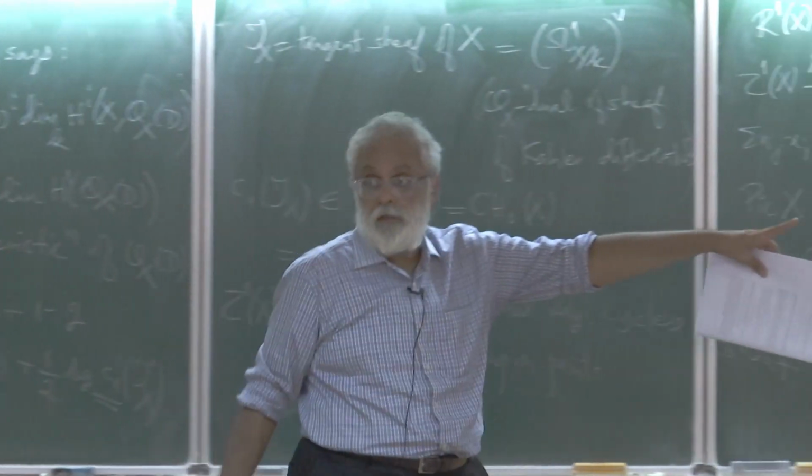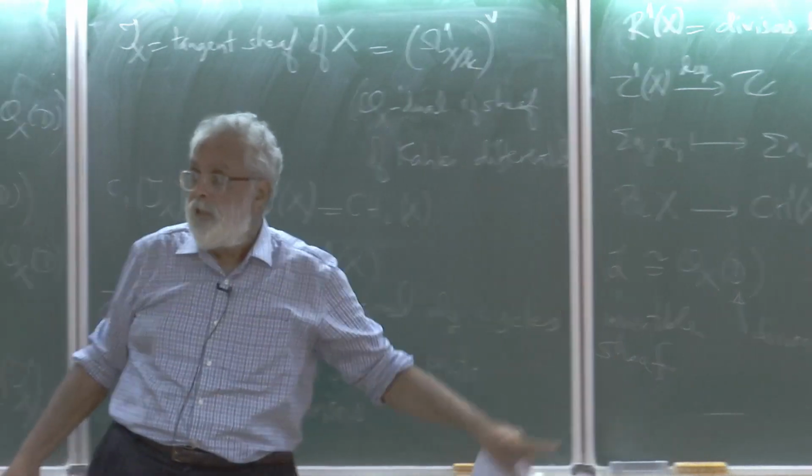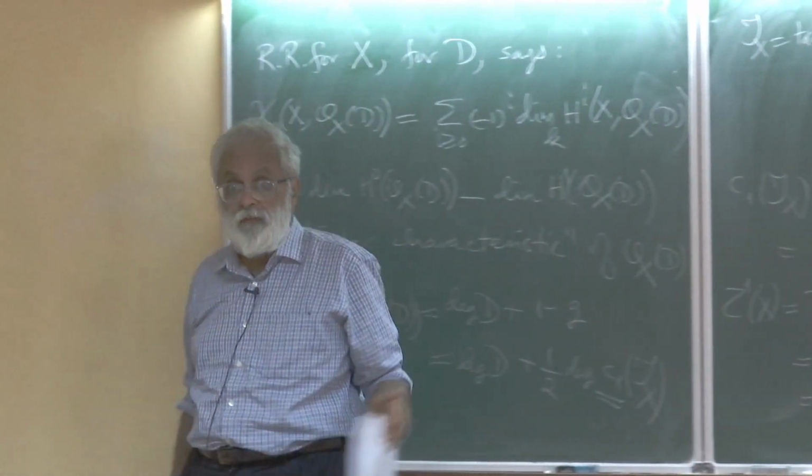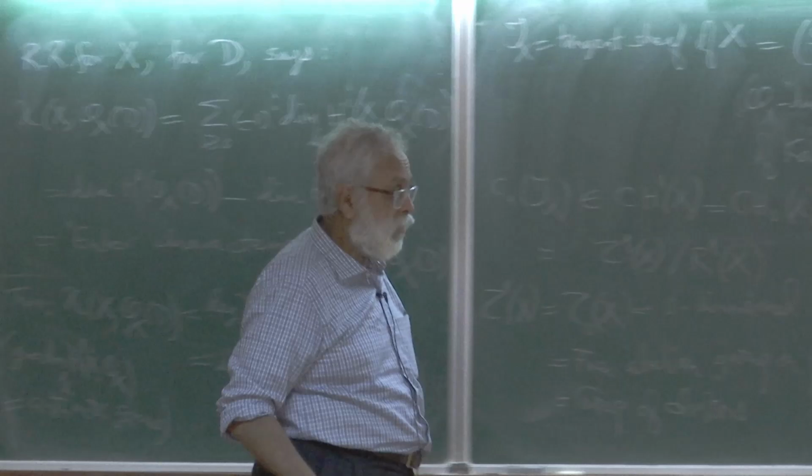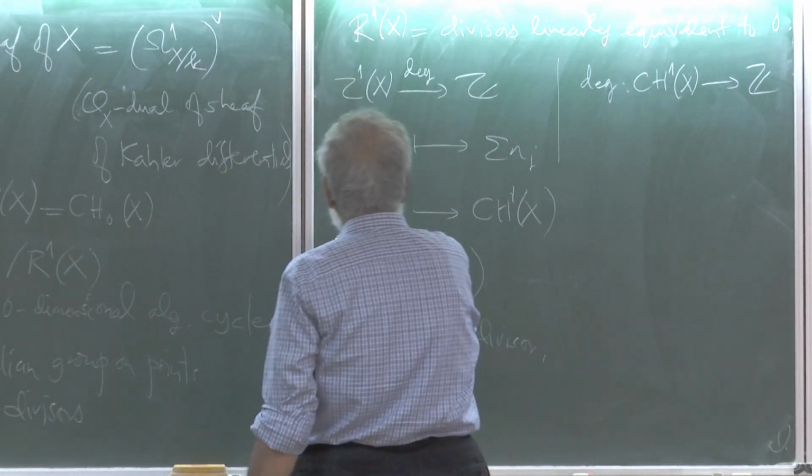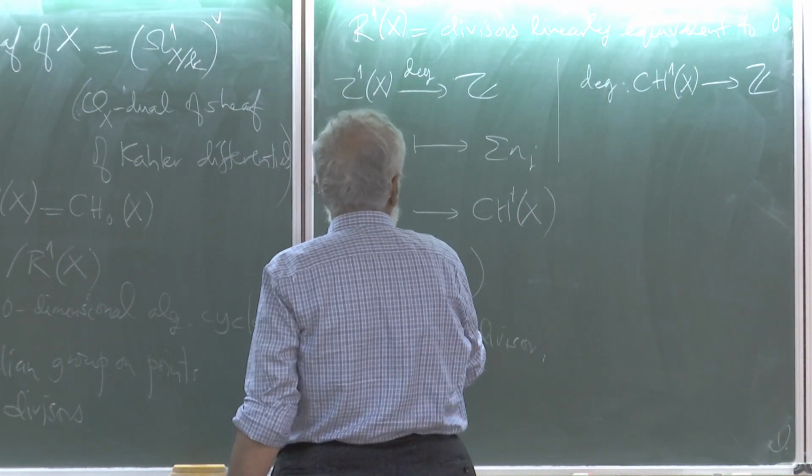O_X(D) is an example of an invertible sheaf, and the theorem is every invertible sheaf is isomorphic to some O_X(D), perhaps many such O_X(D)s.